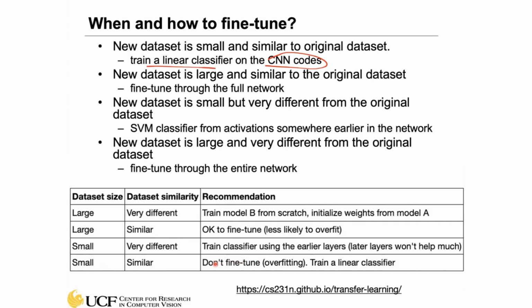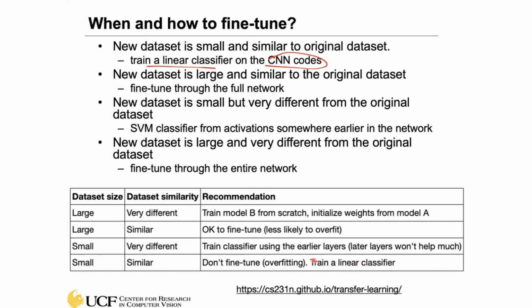You take maybe the layer before the fully connected layer and use that as a feature extractor, generating the features using this CNN layer. Then you can use those features to train a separate linear classifier, the simplest classifier you can do, or you can use another type of classifier like a support vector machine, or maybe a complex nonlinear classifier.